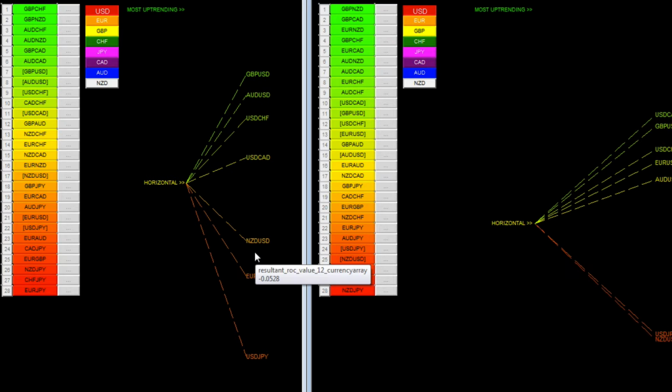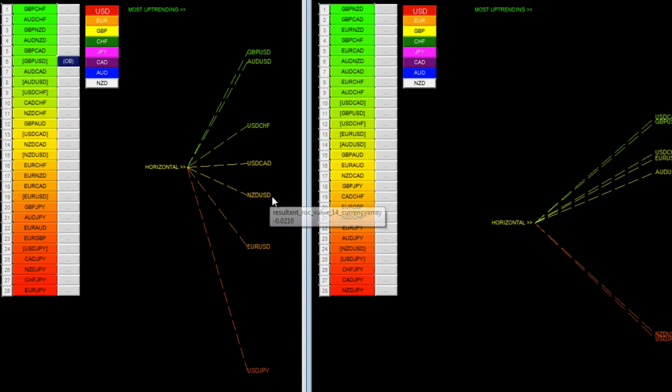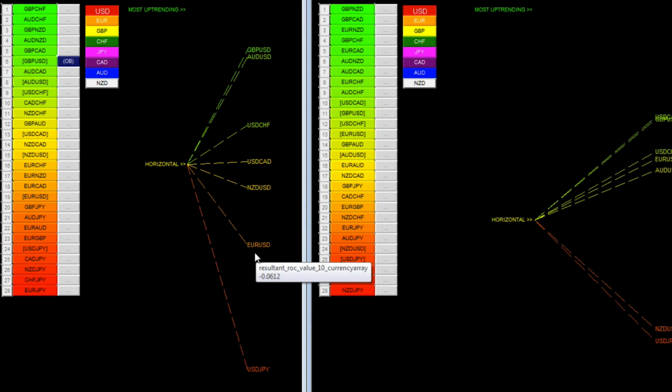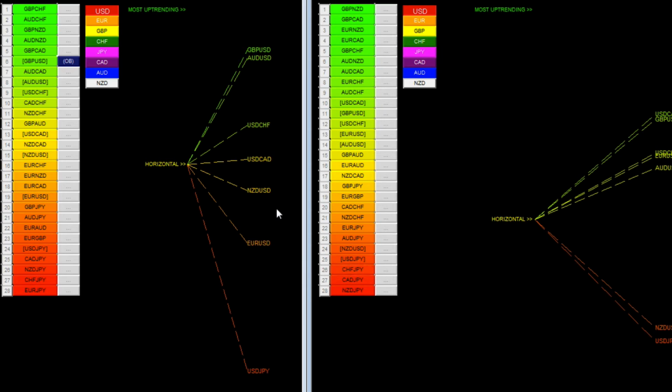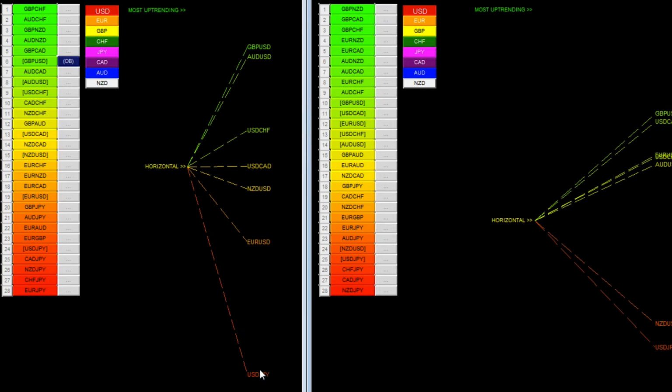On the New Zealand dollar, we've got buying, but that's just jumped up, so that looks as though it may be rotating up. Equally on the euro dollar, that's below the horizontal line, so at present, we've got some selling of the dollar there, some buying of the dollar there. But that may ultimately rotate up to the top side here, and then you will have pretty much all universally aligned. We've also got strong selling of the dollar down here against the yen.